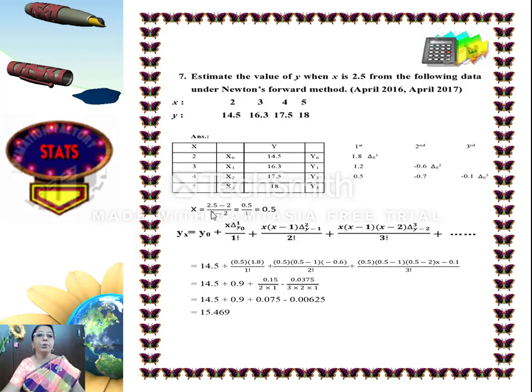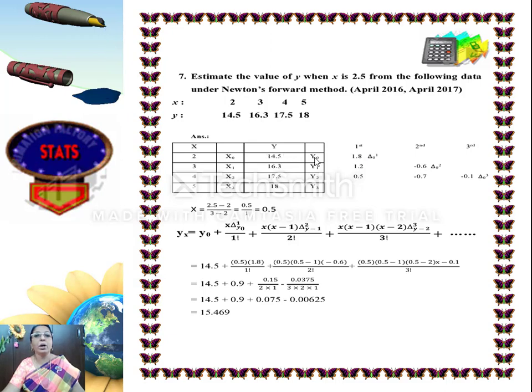Now you are supposed to find out the value when x is 2.5. So 2.5 minus the previous x value, which is 2, divided by the height. The height of it is going to be equal, so it is 1. That is, the difference between 3 and 2 is 1. So it is 0.5 by 1, which is equal to 0.5. Now going to your formula, you're going to substitute the values.